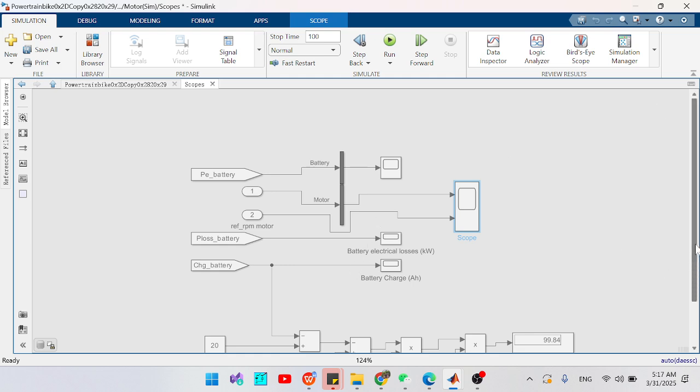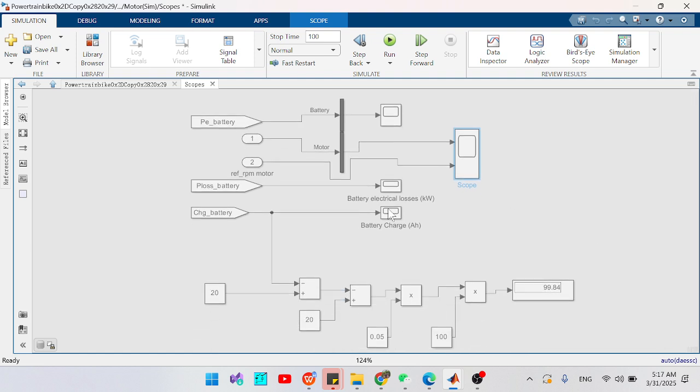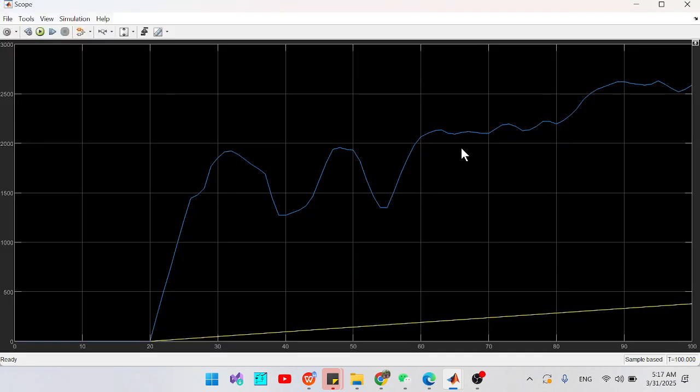And we have here the scopes of power loss, battery charge, and I wanted to build a state of charge in percentage, but something is fishy in this model, so I'm working on that.